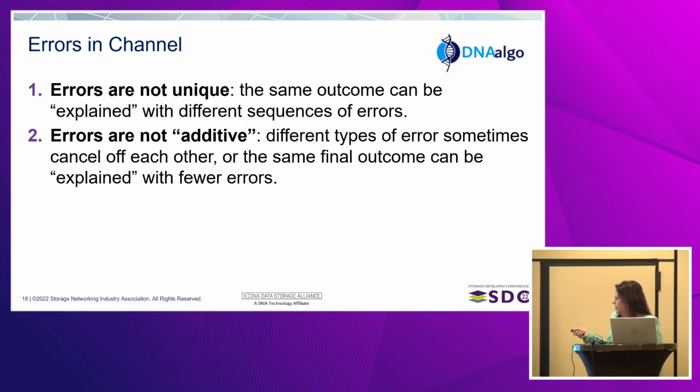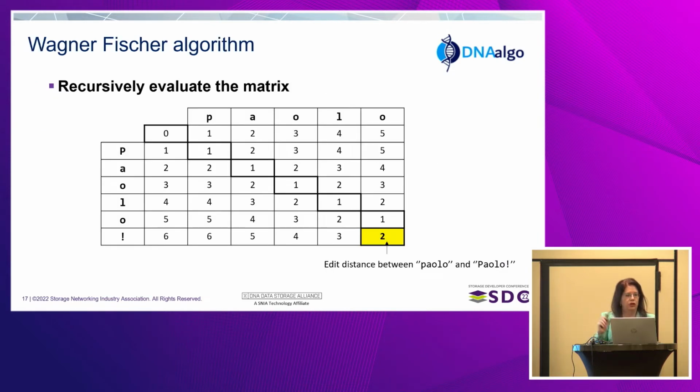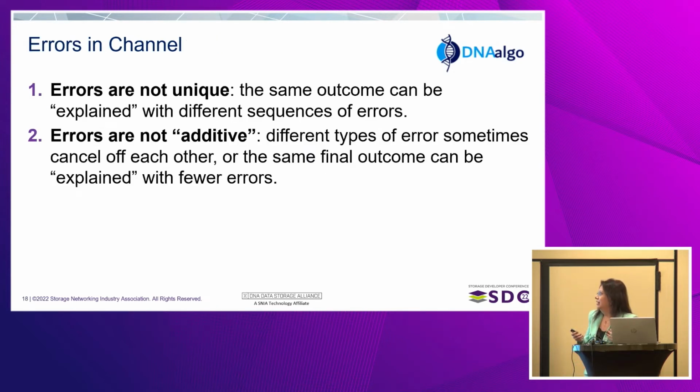So what happens furthermore in this channel? Okay, we say the channel is very different. We're dealing with a metric which is very different. But then, again, the errors are not unique because the path that we can use in order to start from one strand and go to another strand is not unique.